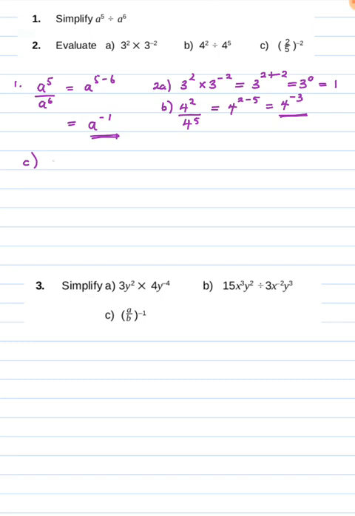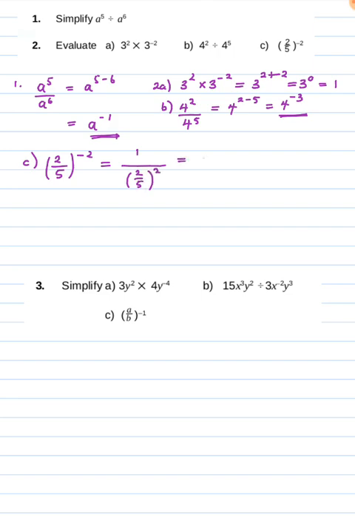And then we go to part C. On part C, it is a fraction within the bracket. So that's 2 over 5, all of it to the power of minus 2. If it is all to the power of minus 2, it becomes 1 all over the bracket 2 over 5 squared.